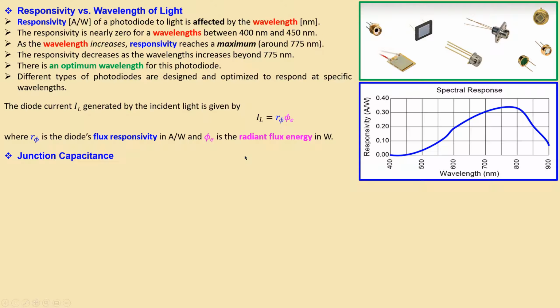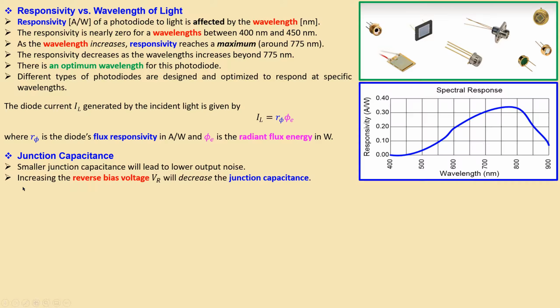Okay, now a little bit more about the junction capacitance. It's a very important parameter also for our noise analysis shortly. Smaller junction capacitance will lead to lower output noise. If you increase your junction capacitance, you will also increase your output noise. That's what it is in this very small statement.